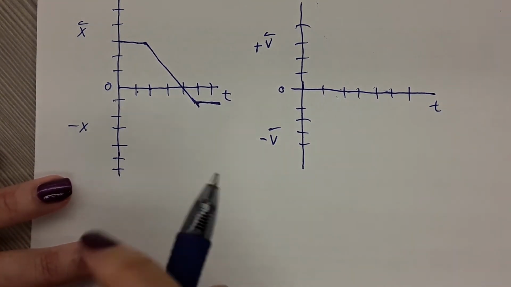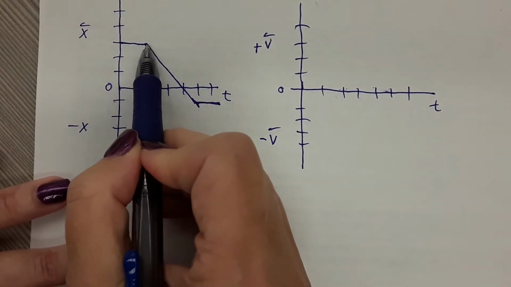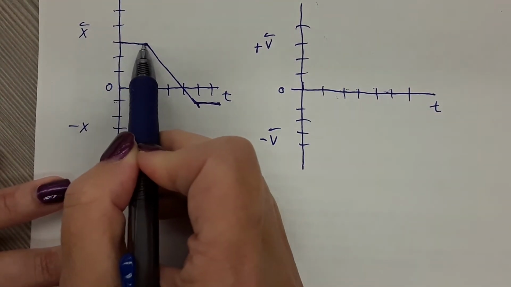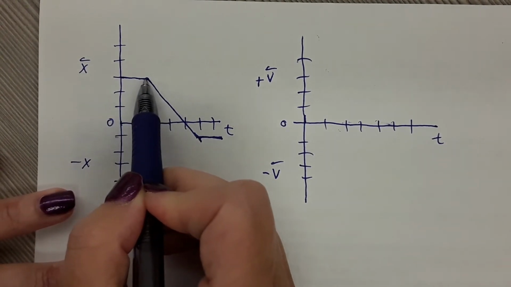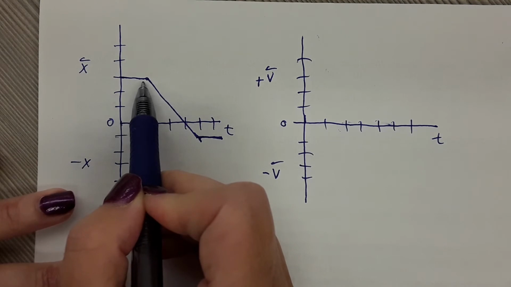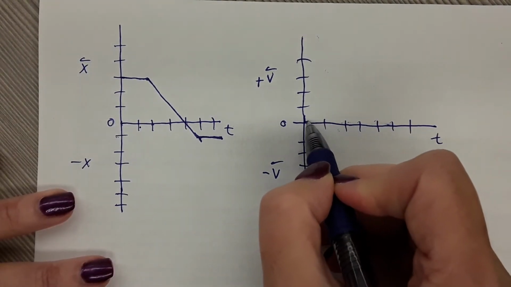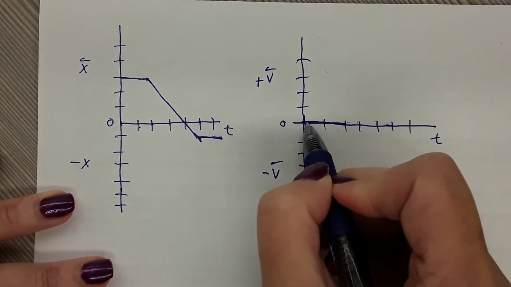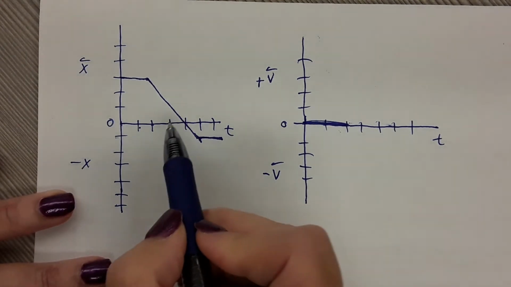For example, from 0 to the second time mark right here, the object is doing one specific thing, and that is it's staying at rest. It's not moving because the position isn't changing. So for those first two ticks in time, that's what you draw for the velocity.